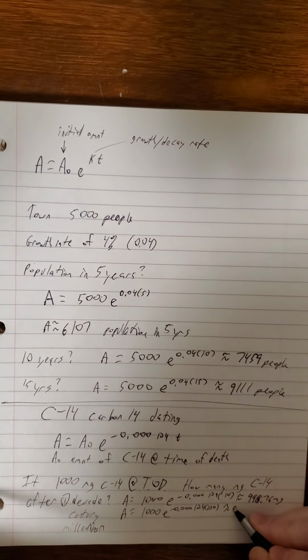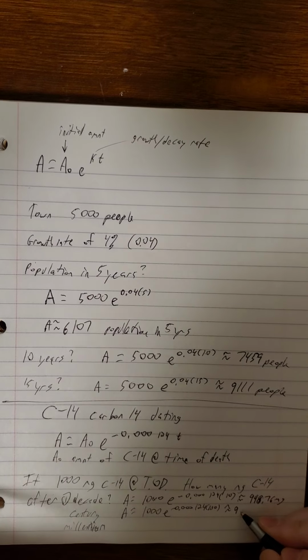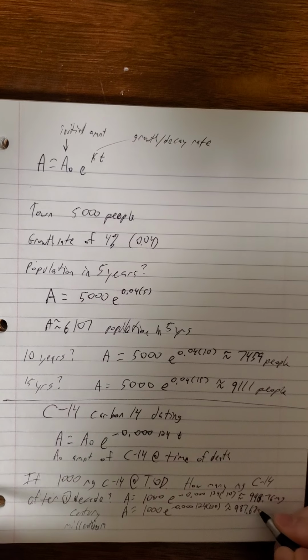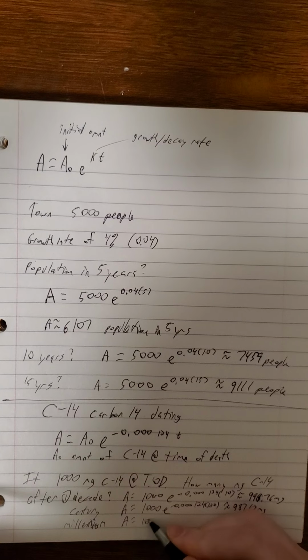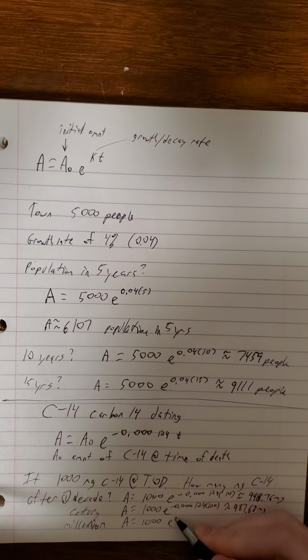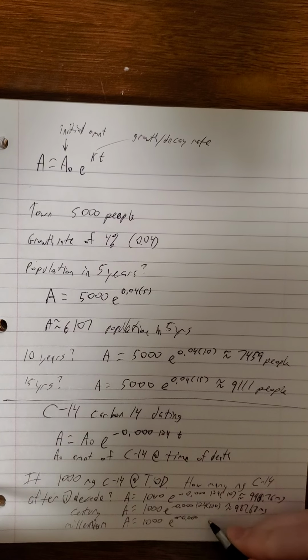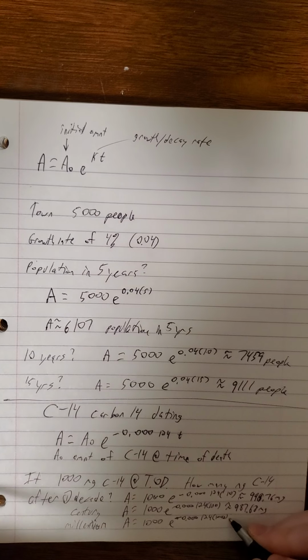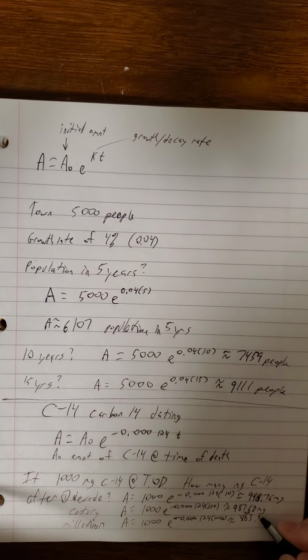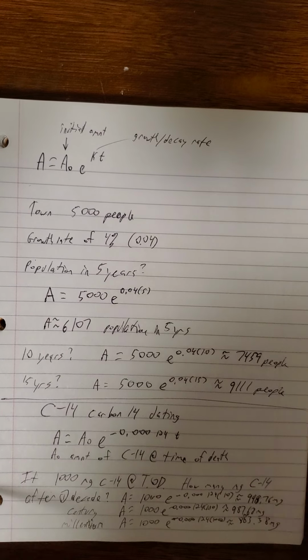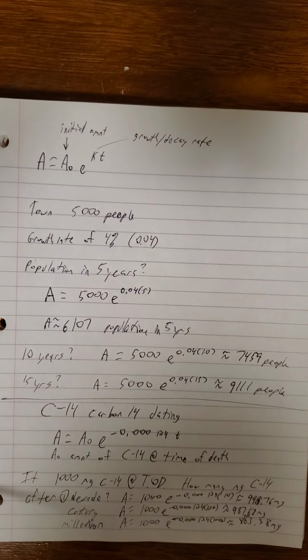That should give you about 987.68 in milligrams, and 1,000 e to the negative 0.000124 times 1,000. About 883.38 also in milligrams of carbon-14.